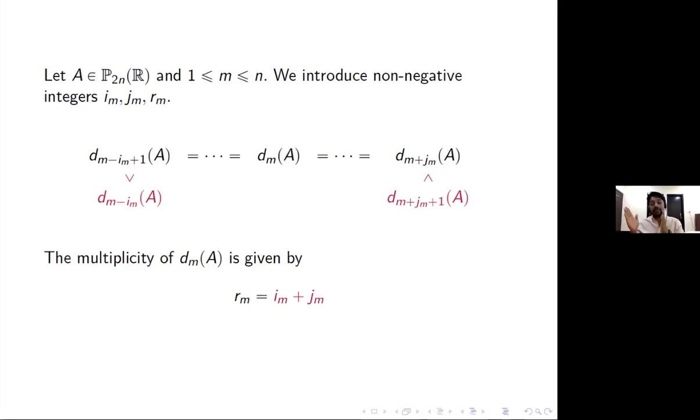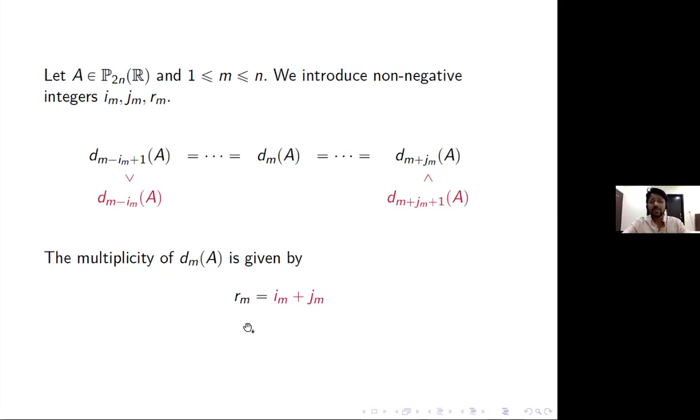Jm is the number to the right of d_m, not including d_m, that are equal to it. If you go to the left of the left extreme, the adjacent symplectic eigenvalue will be strictly less than it. If you go right of the right extreme, the next one is strictly greater. And the sum of Im and Jm is by definition the multiplicity of that symplectic eigenvalue, denoted Rm.